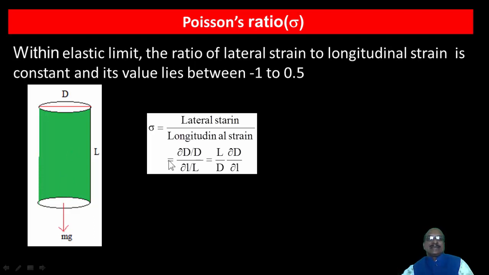Therefore, lateral strain will be equal to delta D upon D, where delta D is the change in diameter upon the original diameter, and longitudinal strain is the change in length upon original length. So finally we have the Poisson's ratio sigma equal to L upon D, delta D upon dl.